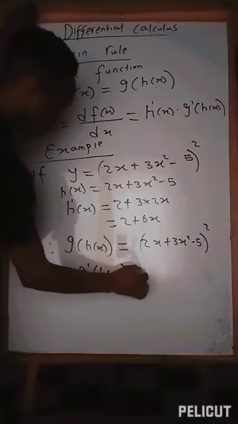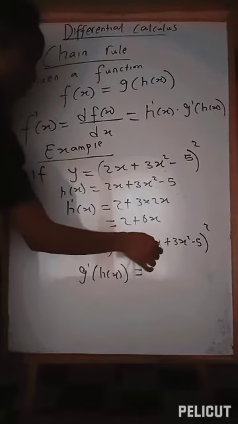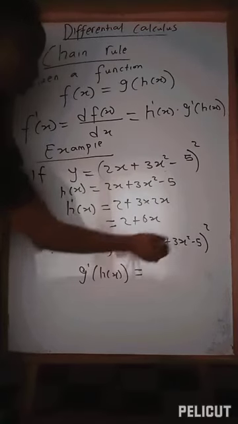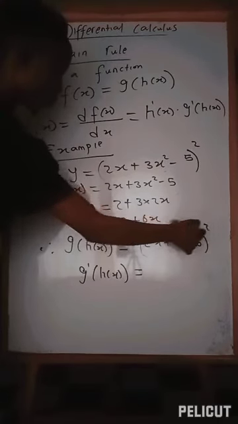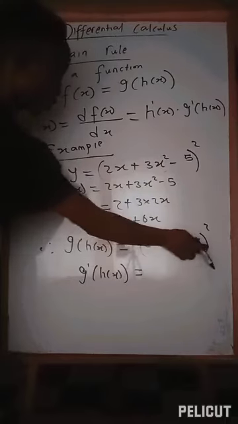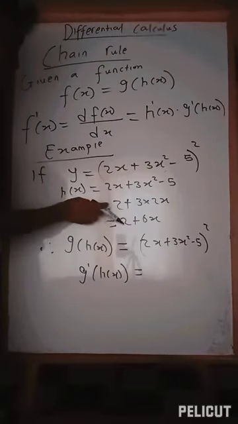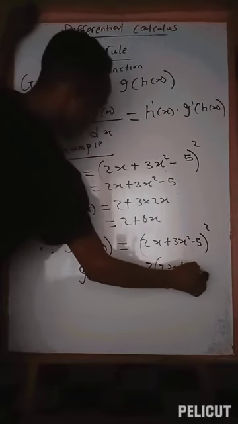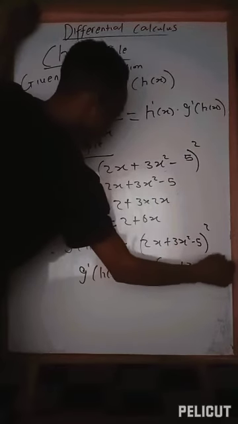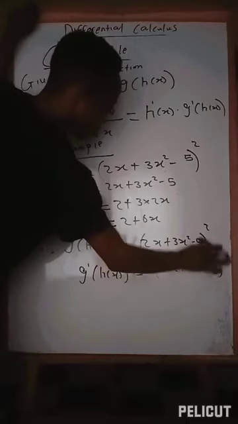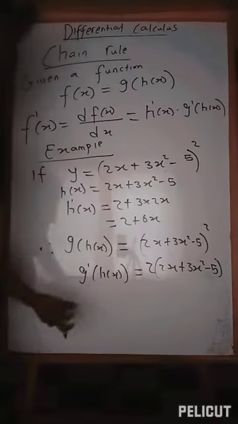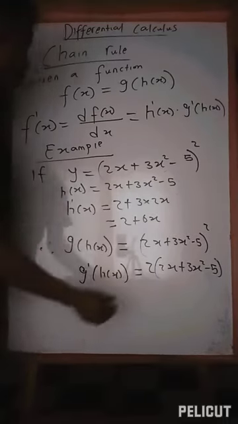That simply means you differentiate what is outside, the exterior function, and that's this square. To differentiate this you use power rule. You don't differentiate what is inside here because you've done that already. So this is going to be 2 times the bracket 2x plus 3x squared minus 5 to the power 2 minus 1, and that is 1. If you use power rule, drop down the power, subtract 1 from the power.